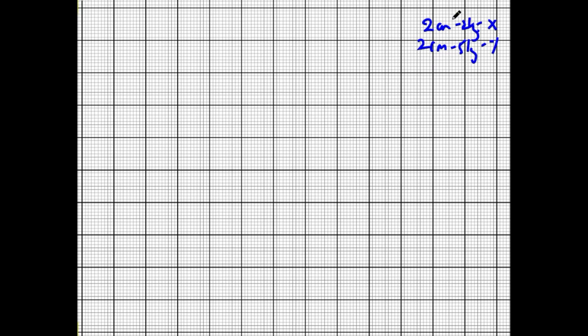So this is kg. When we construct, we can see this is 0. So we have 2, 4, 6, 8, 10, 12, 14, 16, 18, with 20 the furthest, and then for y we have 5, 10, 15, 20, 25, 30, 35, 40 the furthest.